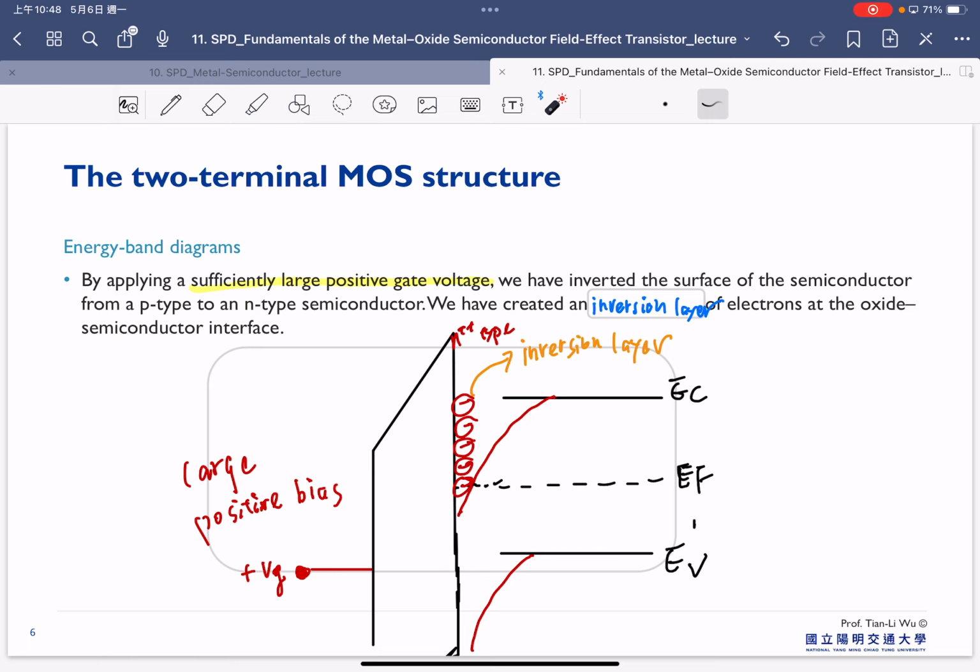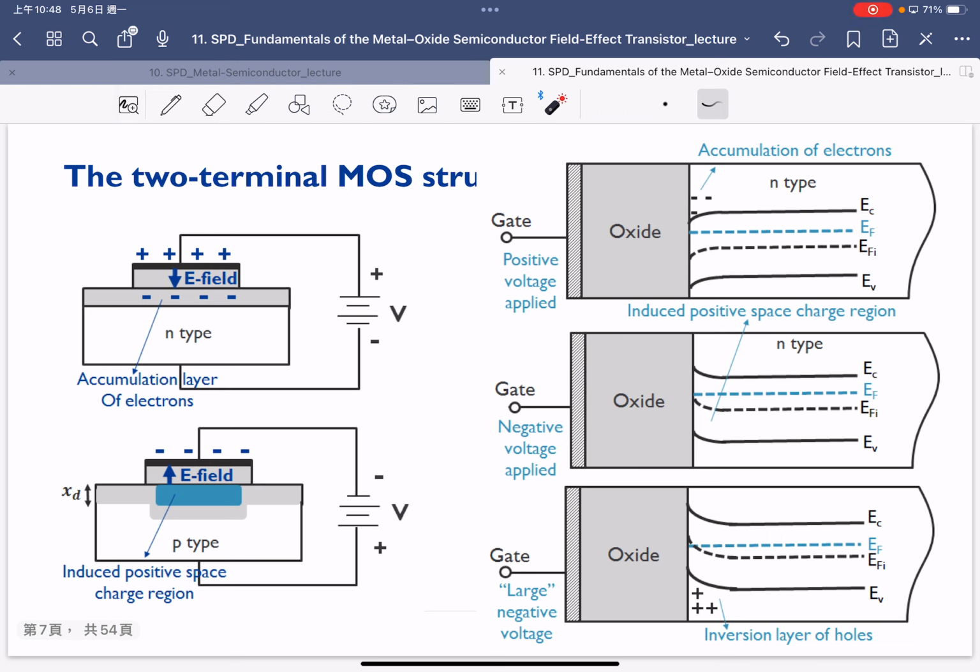Similarly, we can consider the case which is N-type. This is the case for the N-type. On the case of an N-type semiconductor, once we apply the positive bias here, you have negative charge accumulated here.